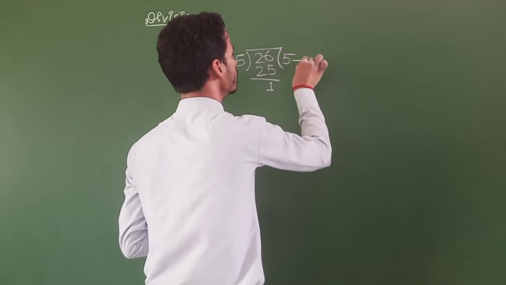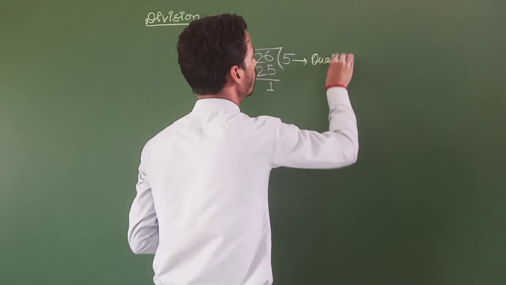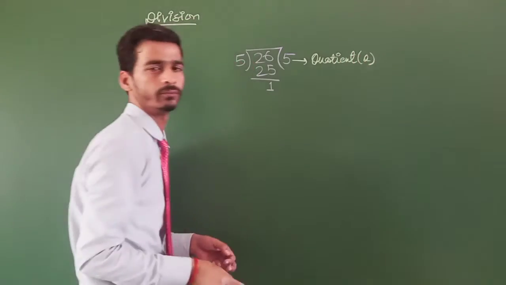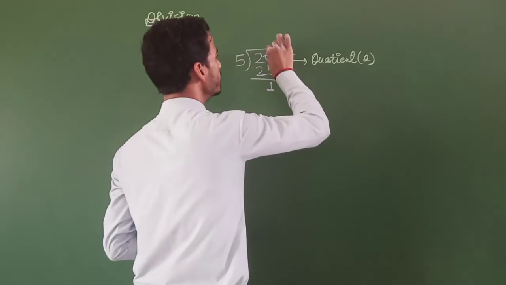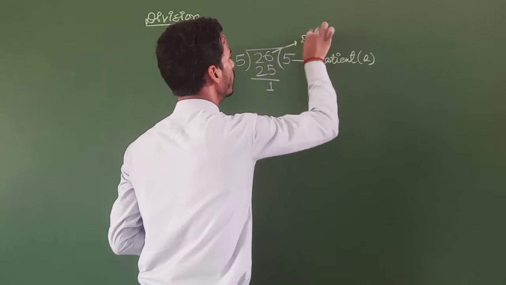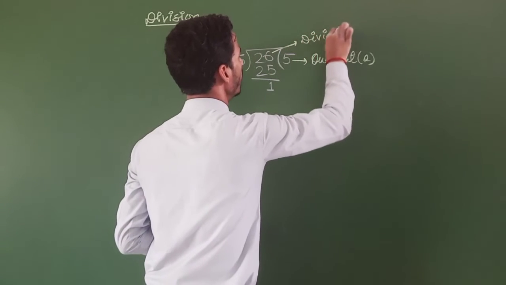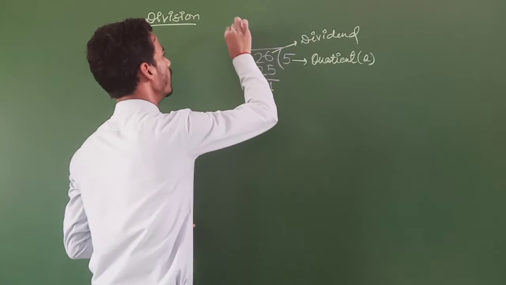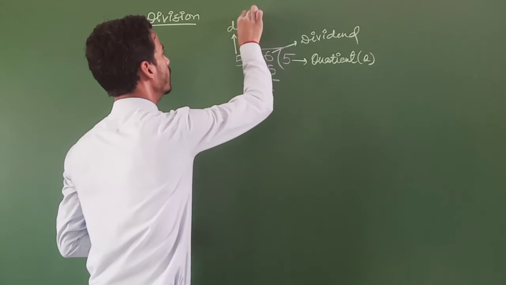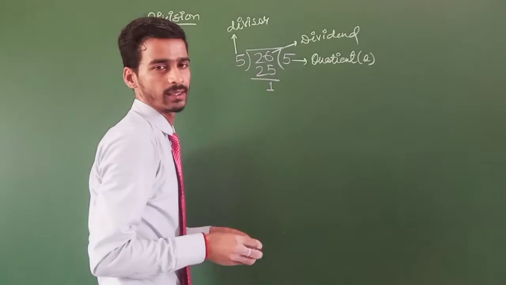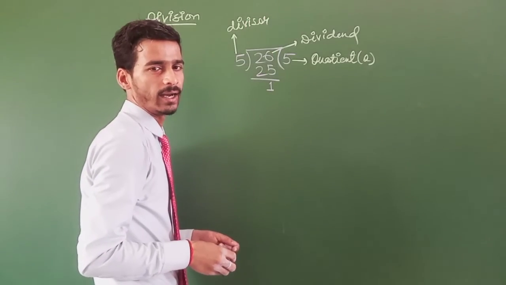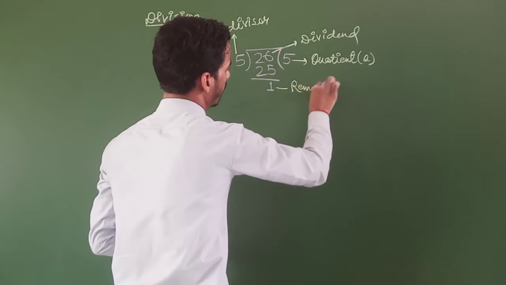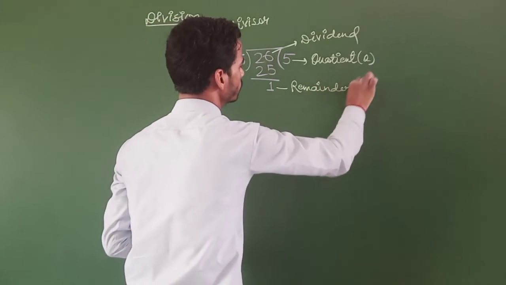This 5 is called the quotient, and in short we say Q. This number is called the dividend. The dividend is greater than the divisor, and this number is called the divisor. And this is the quotient Q, and this is the remainder R.